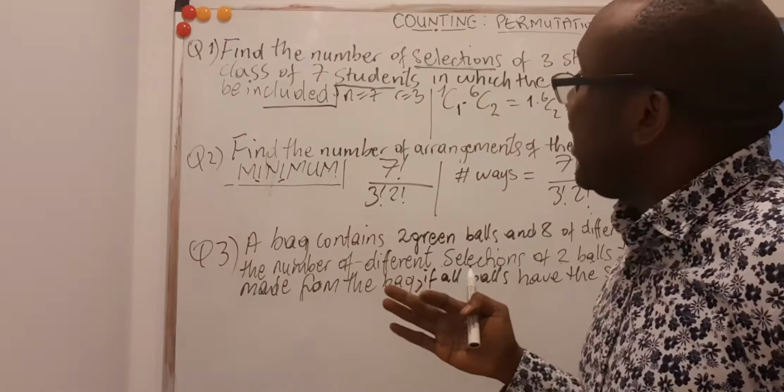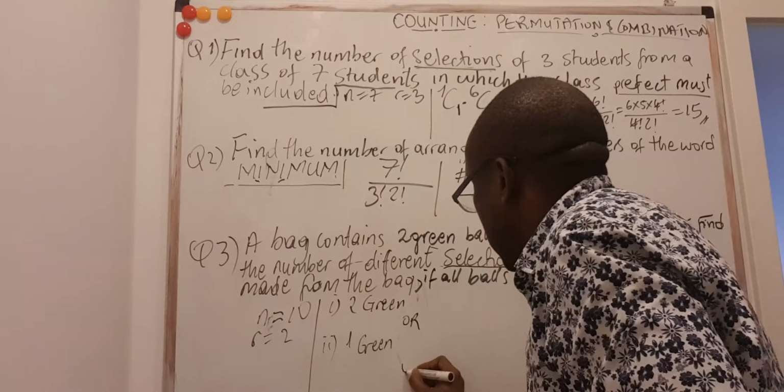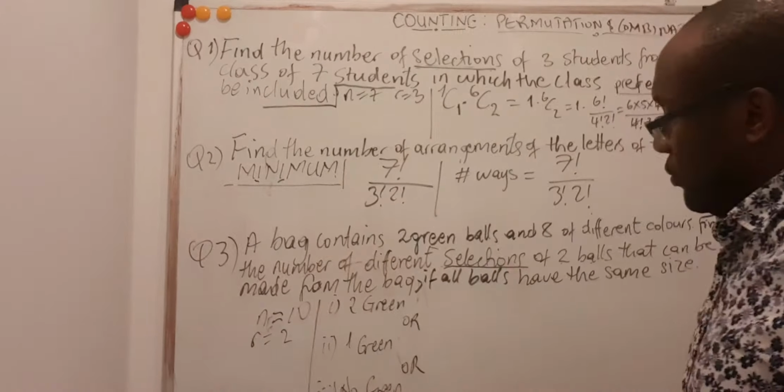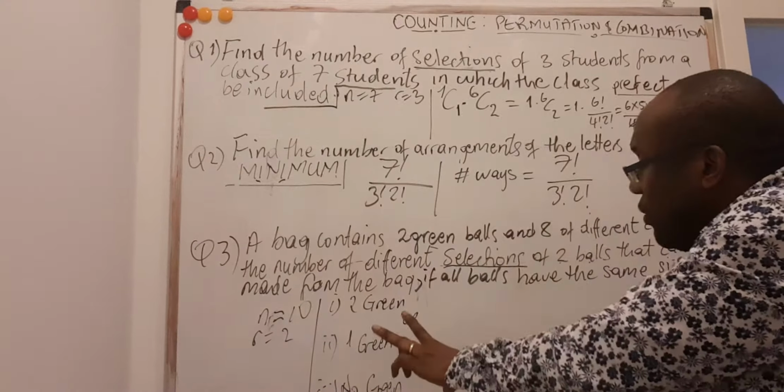The first one, either the two balls are green, or one green and another color, or none, no green. So the ways you will choose 2 from 10 will have these three possible scenarios. Either the two balls are green, or one is green and the other is not, or none of them is green.